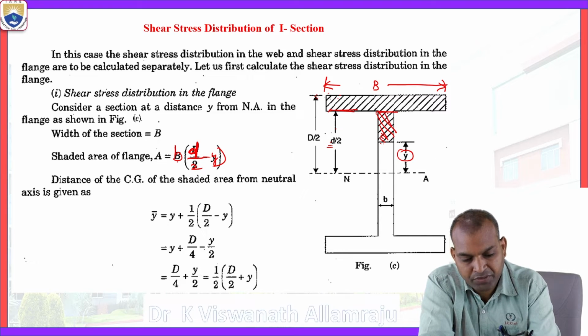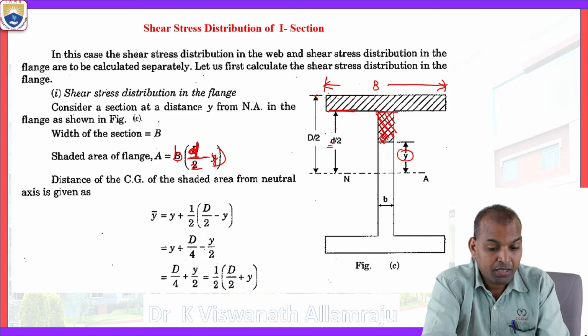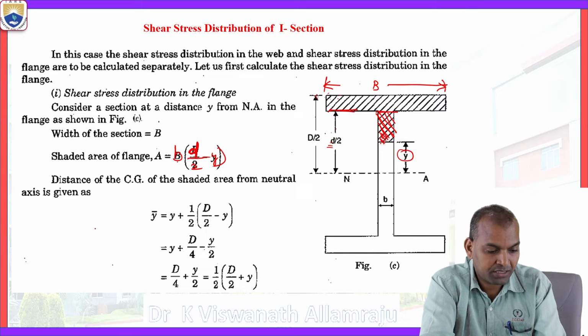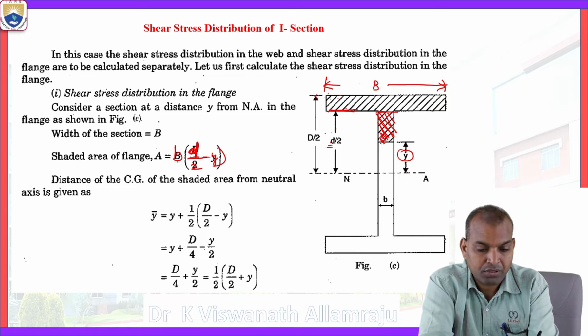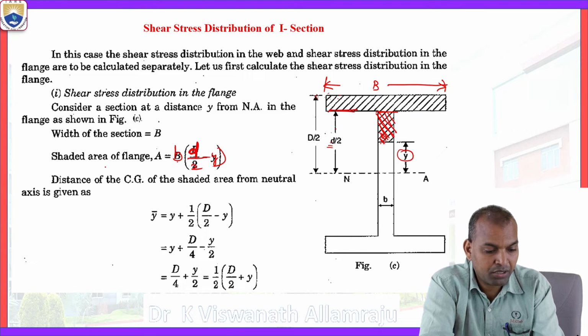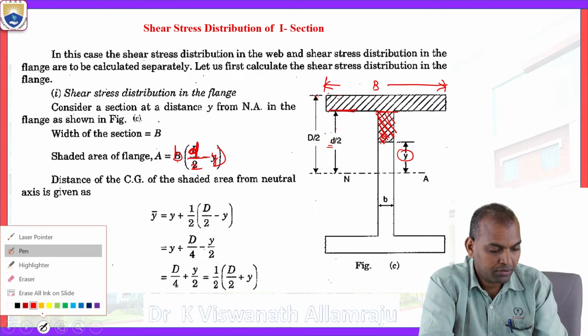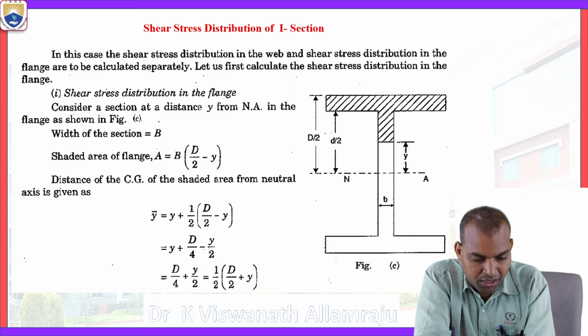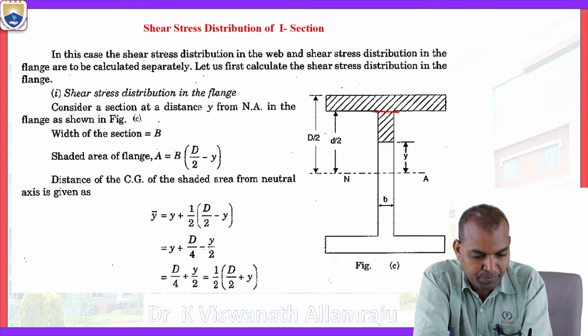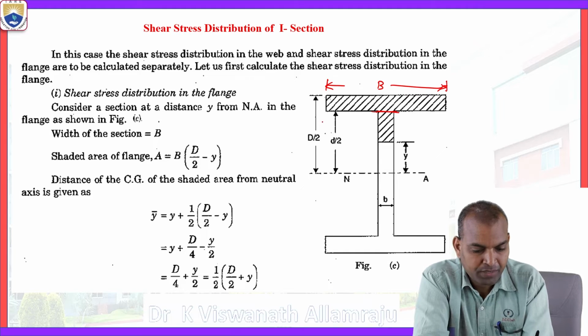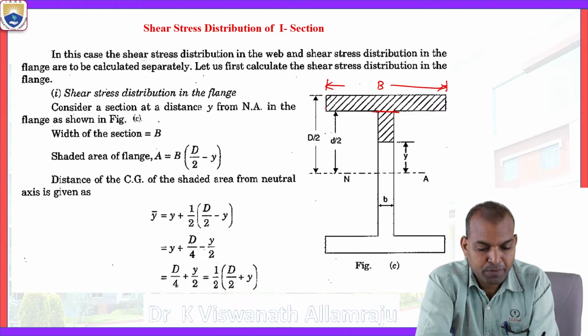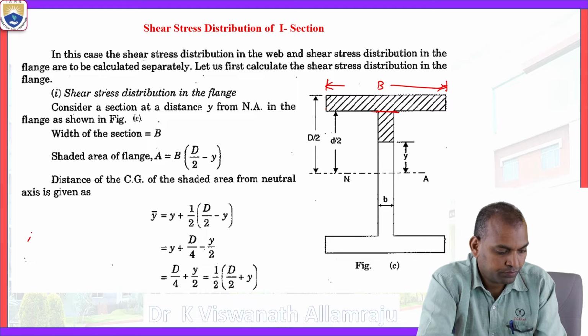This is the shaded area of the web portion. We got it. The shaded area of the flange portion is correct: capital B is the width, times capital D by 2 minus small d by 2.